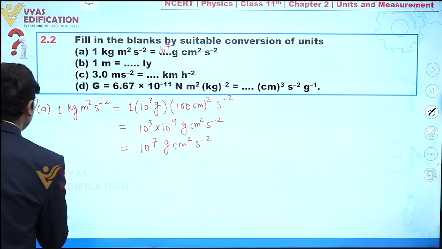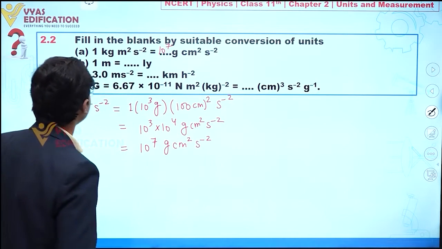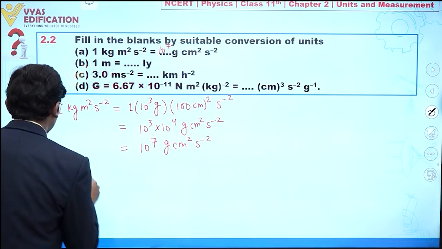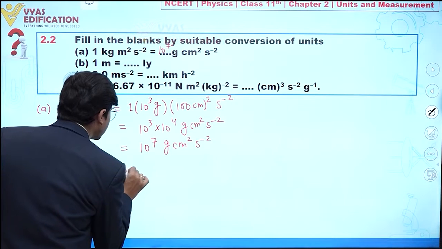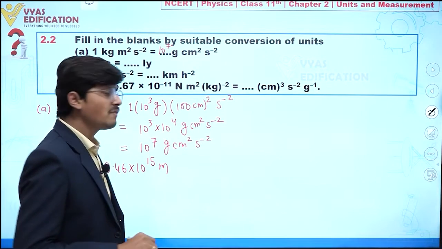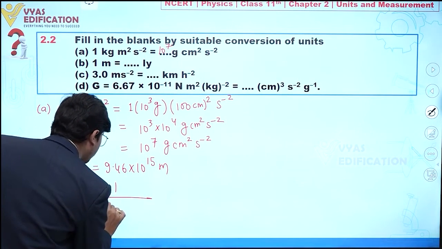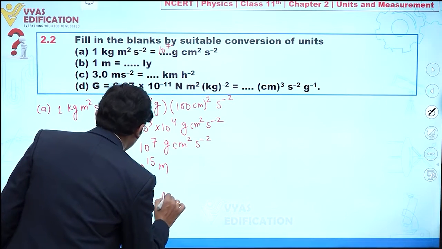Yes. Now we discuss part number B. In part B it is given: 1 meter equals how many light years? We know 1 light year is equal to 9.46 into 10 to the power 15 meter. So can we find the value of 1 meter? Yes, 1 meter is given by 1 upon 9.46 into 10 to the power 15 light year.